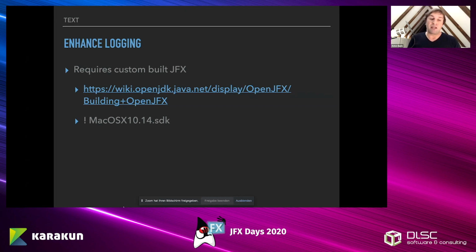In my case, for Mac OS X, the last time I built it, and probably this has changed in the meantime, I had to install an old Mac OS X SDK. But these are available on the web, and there is some info on how you can do that. As I said, probably you won't need that anymore.